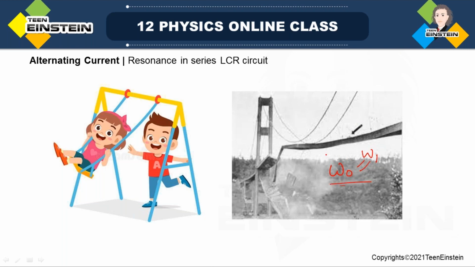In that situation, the bridge will oscillate violently, and the amplitude of the vibration will be such that it collapses.